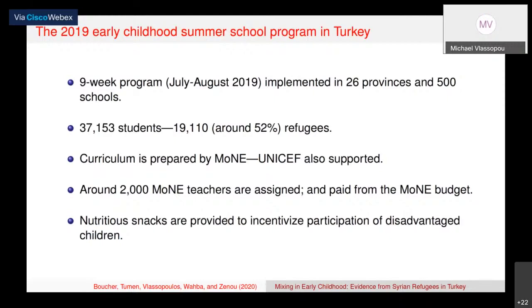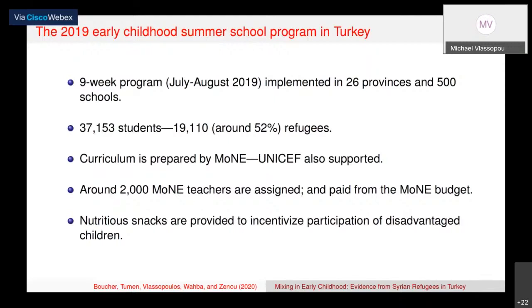The program we look at is a 9-week program over the summer of 2019, from July to August, and it's implemented in 26 provinces and 500 schools. About 37,000 students are enrolled in the program, half of which are refugees.